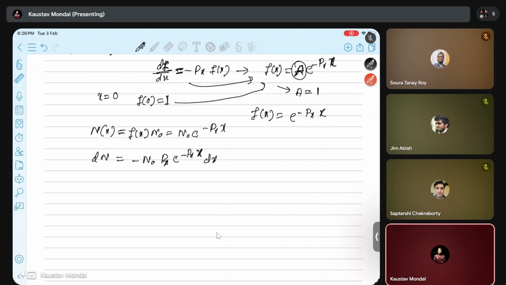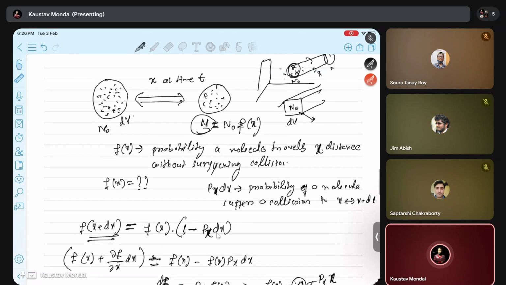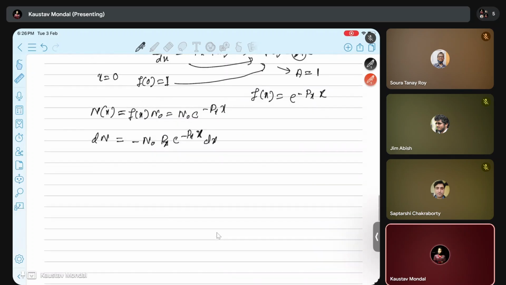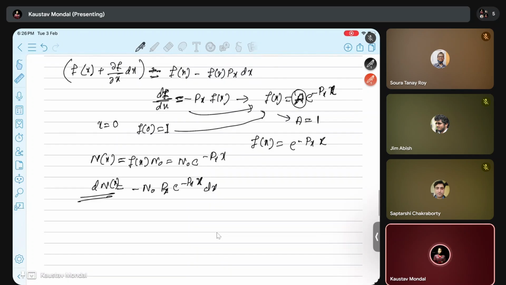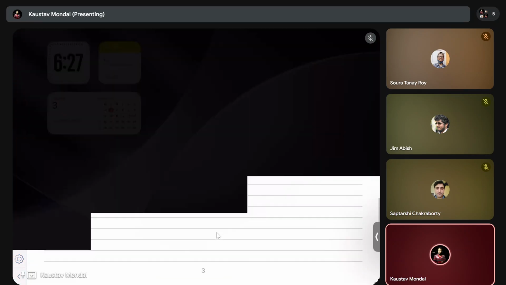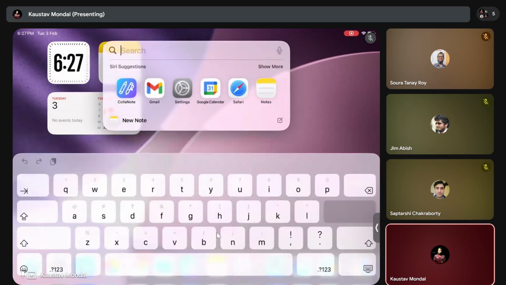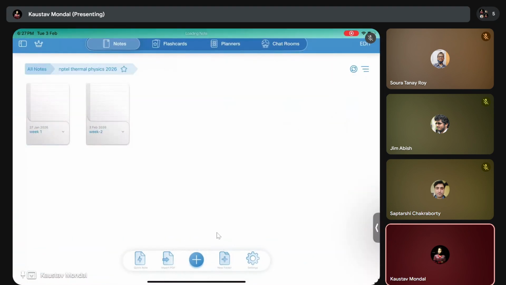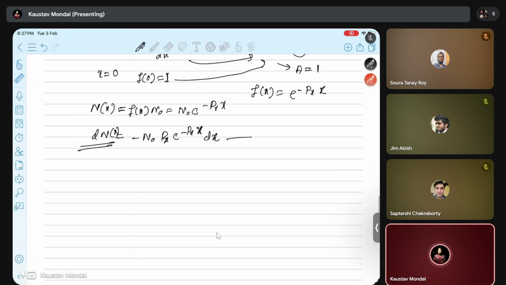So we got the expression of dn(x), which is a function of x. Let me just give some equation names: this is equation 1, this equation 2, and this equation 3.